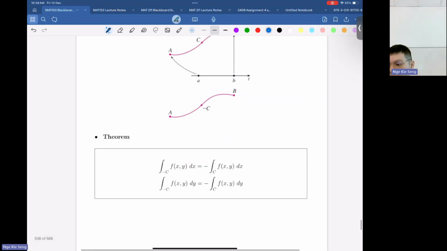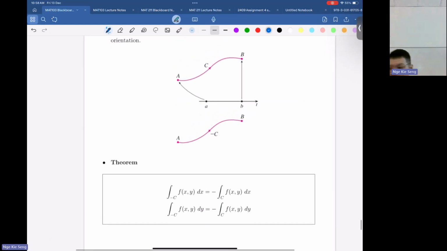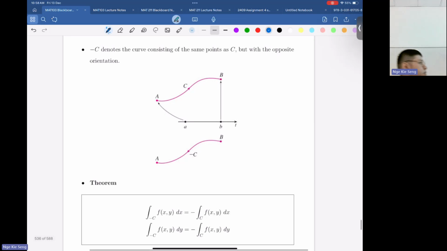So if you change your orientation, usually, if you integrate over the opposite orientation, you should get minus of the original integral. Then it does matter actually.